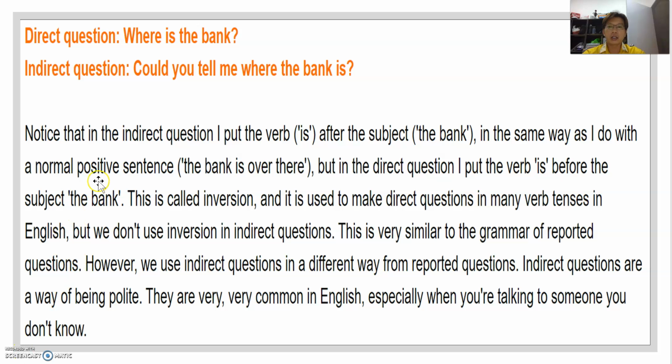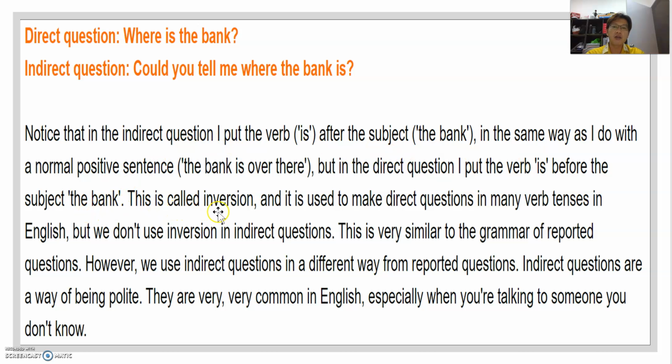Okay, notice that in the indirect question, I put the verb is after the subject, the bank. In the same way as we do with a normal positive sentence, the bank is over there. But in the direct question, I put the verb is before the subject, the bank.